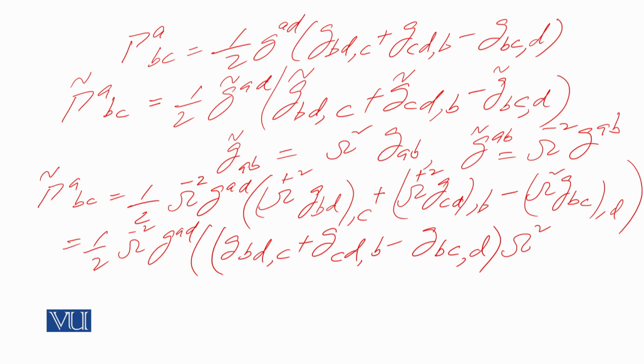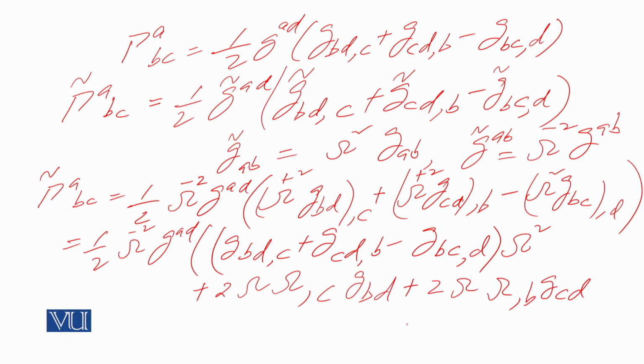We have first differentiated the metric function. Next, we differentiate the omega square term. So, in this case, we have plus twice omega comma C, and it will remain g_BD as it is, plus twice omega comma B g_CD, minus twice omega comma D g_BC.